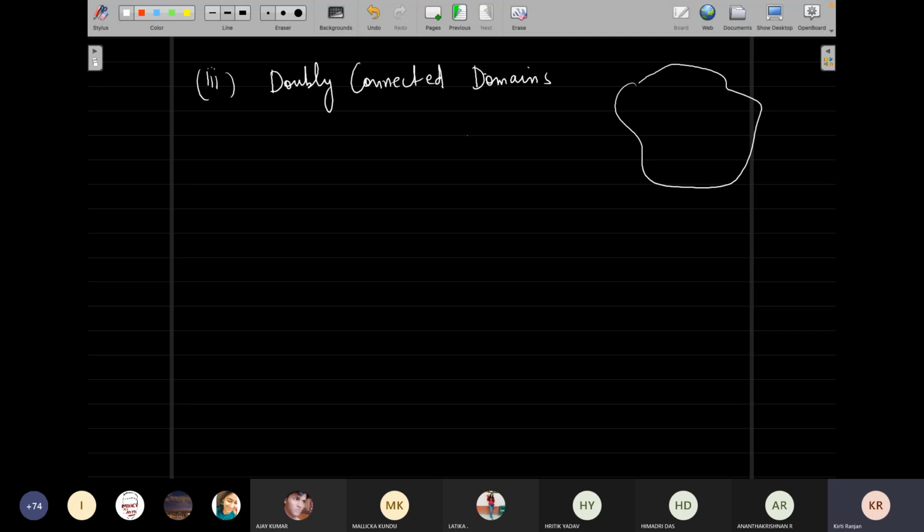What were doubly connected domains? You have to have how many holes? Exactly one. If it is more than one, then I will call it triply connected domains and so on, and we will extend the result to multiply connected domains. If I am defining doubly connected, you cannot have more than one hole. Anyway, if I try to apply it, I cannot directly apply it.